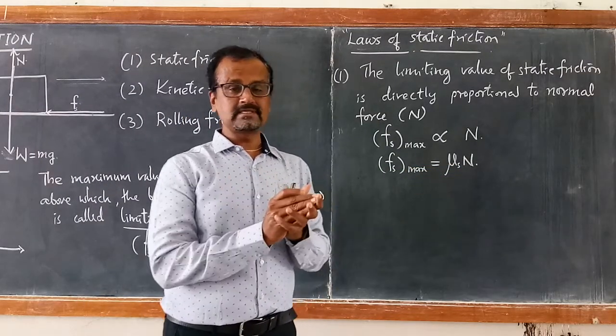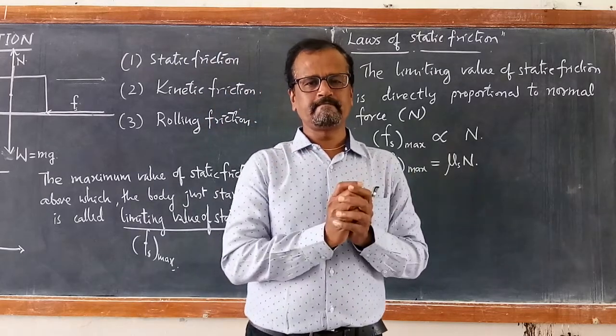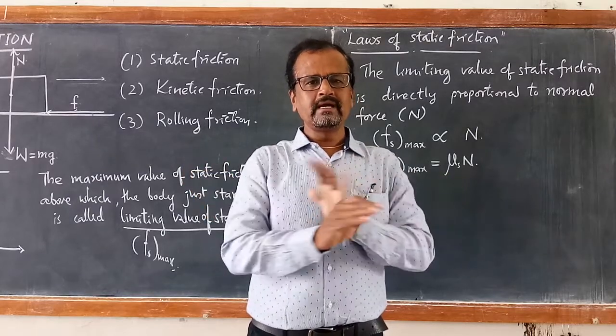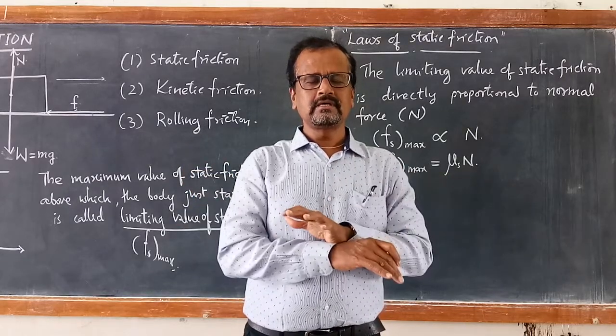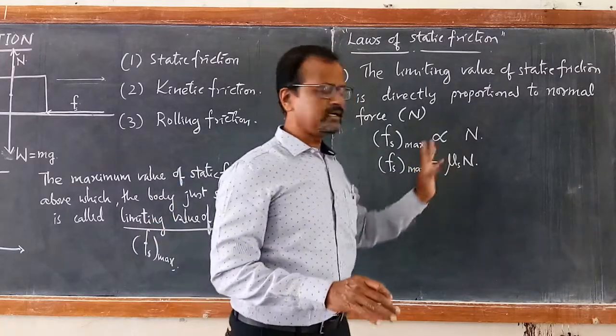Nature of surface means how rough or how smooth the surface is. If the surface is very smooth, a neatly polished, cleaned floor, then the μs value will be less.